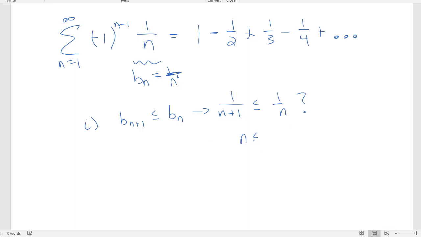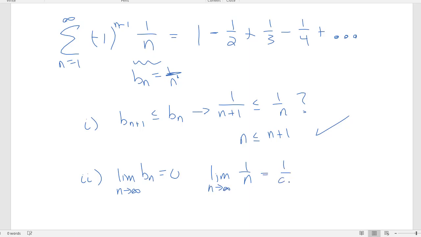If I do my algebra, I definitely get to a point where I see that they are decreasing. And then the second condition being, do the terms go to 0? And we can see that as n goes to infinity, 1 over n is in essence 1 over infinity, and that goes to 0. So we get that to match as well.